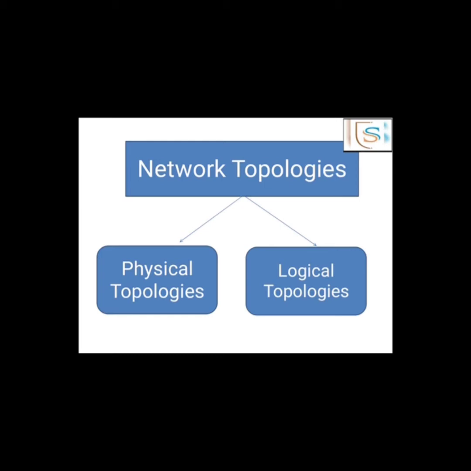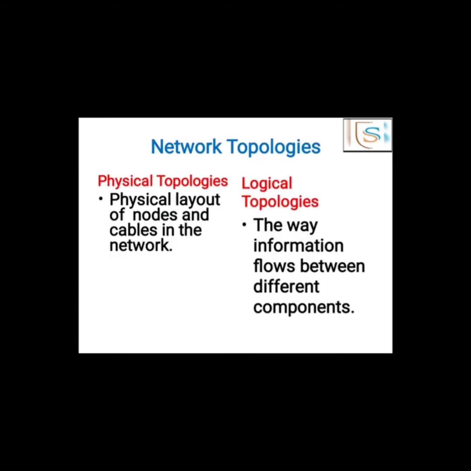Now we will discuss in detail what a physical topology is. Network topologies are divided into two parts, we have done this: physical topology and logical topology. In physical topologies, we decide the physical layout of the various workstations, where I want to place my workstations, how they are arranged.